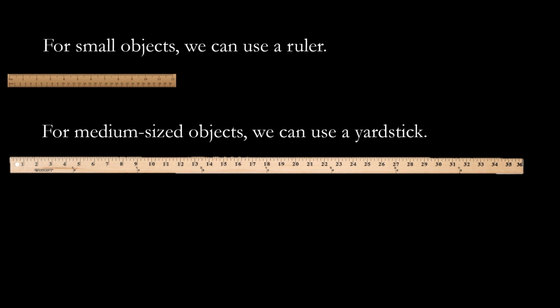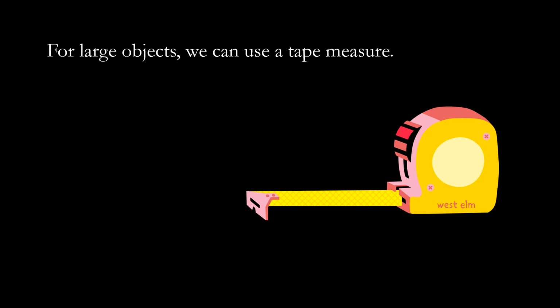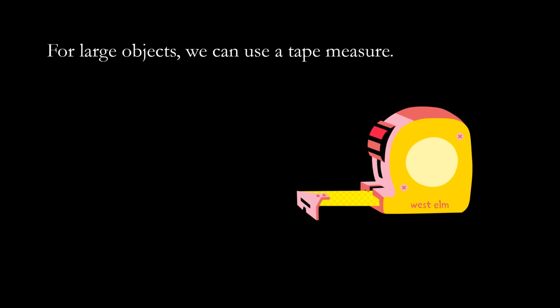So for small objects, we can use a ruler. For medium-sized objects, we can use a yardstick. For large objects, we can use a tape measure or measuring tape.